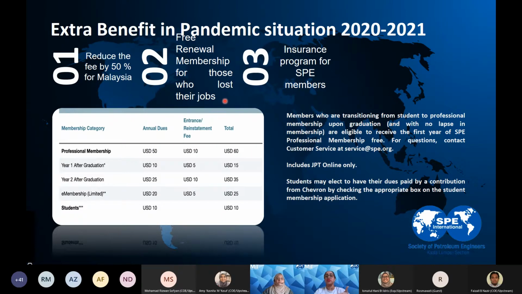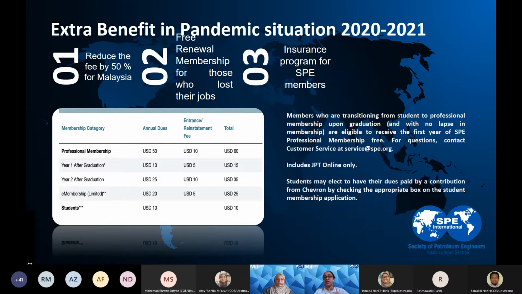And the third one is an insurance program for SPE members. Members who are transitioning from student to professional membership upon graduation can get their first year of SPE professional membership free. So grab the opportunity, as it's really good for this year.